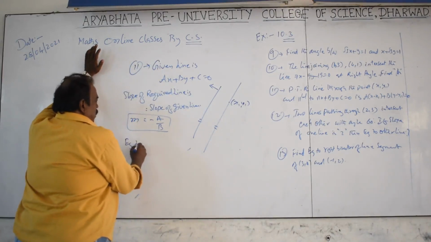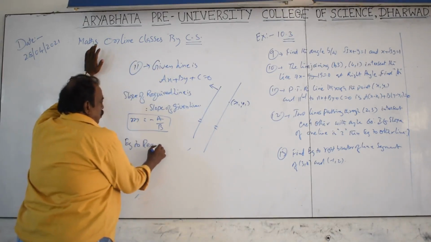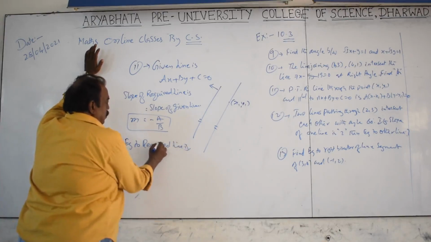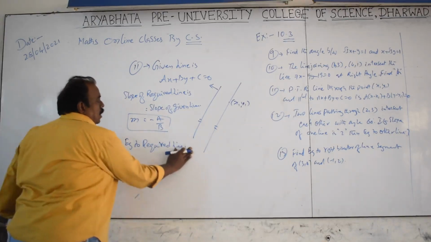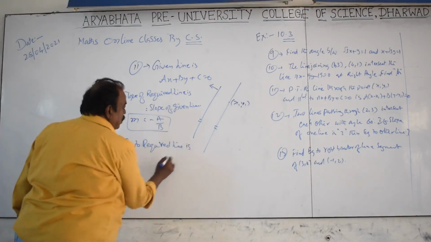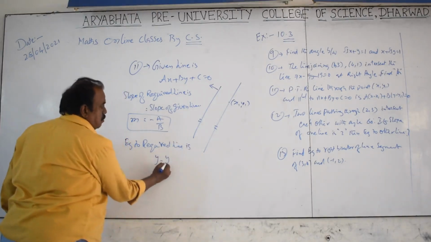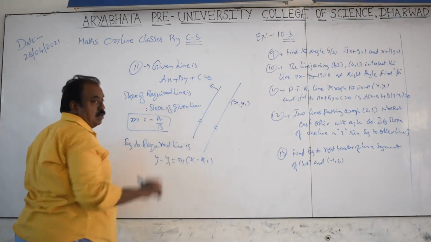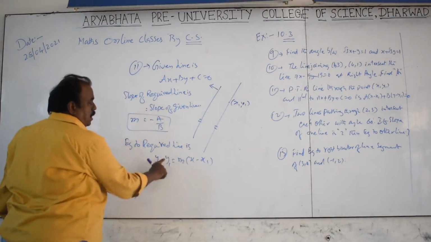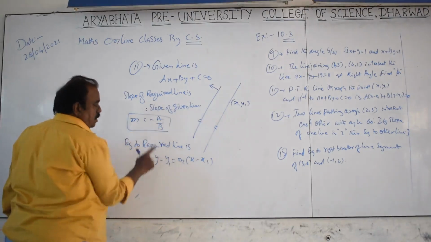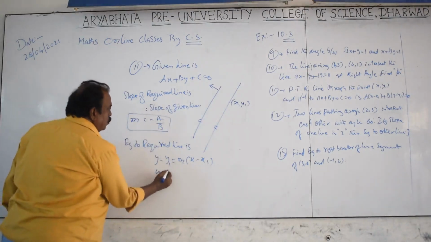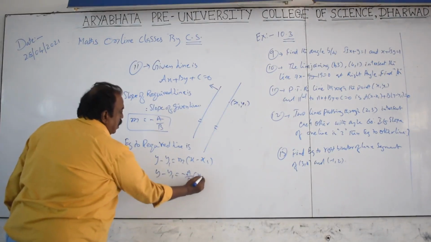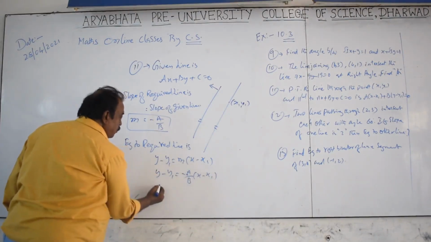So the equation of the required line is y minus y1 equals m of x minus x1. This is the point-slope formula: a point is there, a slope is there. So y minus y1 equals minus a by b of x minus x1.